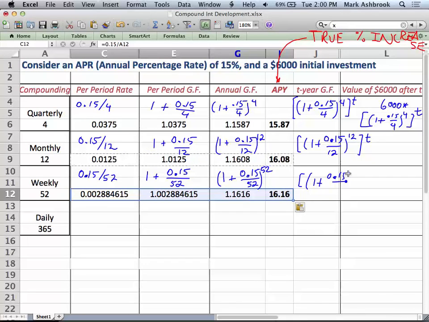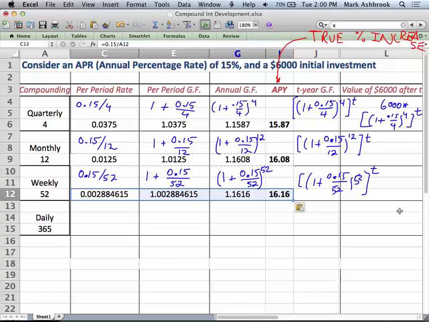So take that whole thing, the 52, to the T. Value of 6,000 after T years. Malin, how to get the value of 6,000 after T years? That's it. 6,000 times T year growth factor.